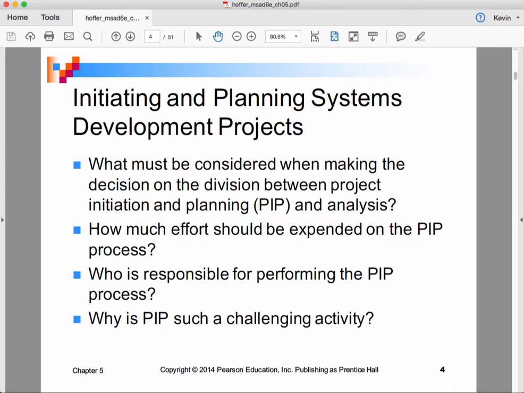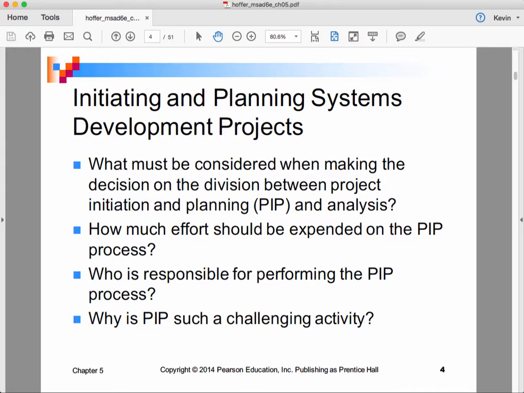So people who take the traditional waterfall sort of approach put a lot of effort into planning. The Agile people talk about planning less, but if you concentrate on what's part of the Agile approach, there is planning that goes on up front.